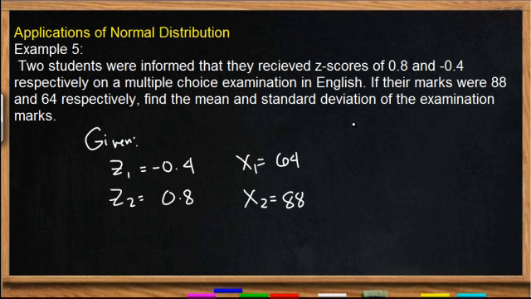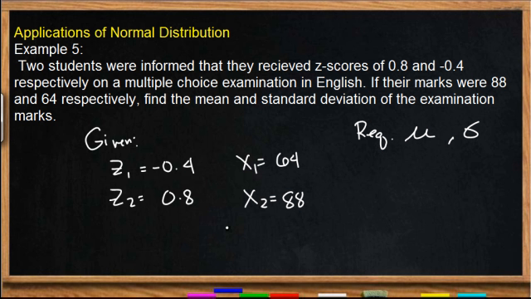Unsa ang required? Pangitaon ang mean, mu, ug ang sigma. So, kani nga problem, kailangan pa ba ta mogamit og standard normal table para magkuha og area? Kung makita nimo ang Z ug X, maguyuban nga kuhaon ang probability, but dili, kay ang problem nag-ask ra og mu ug sigma, wala nay bahin about probabilities.